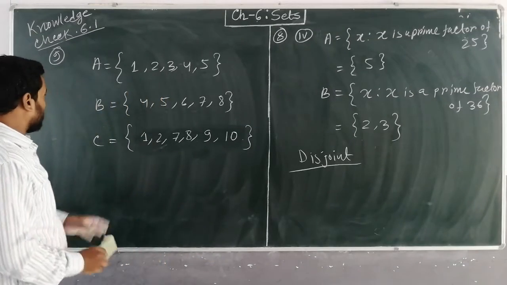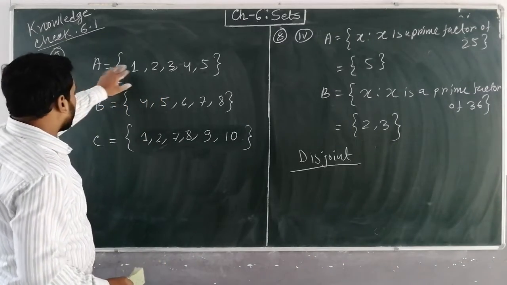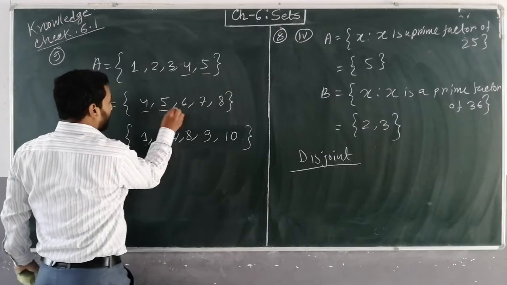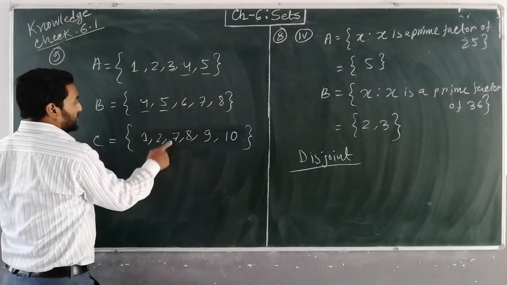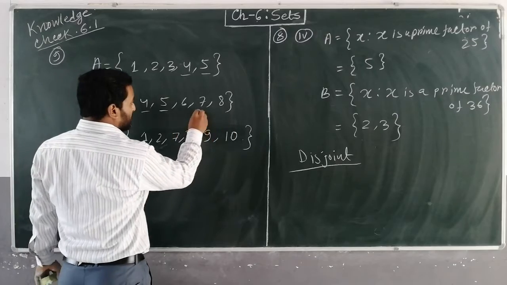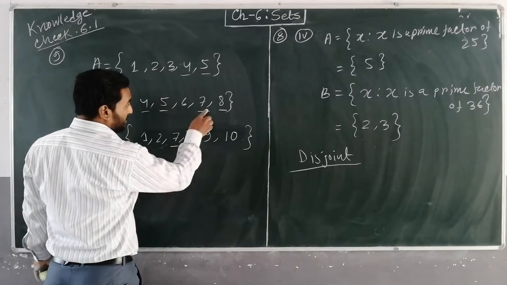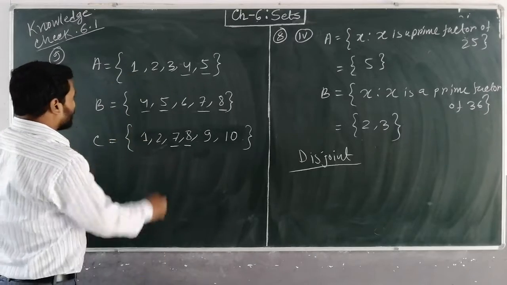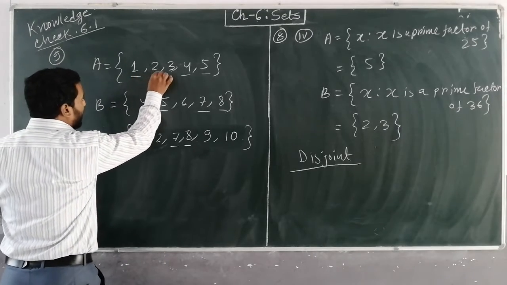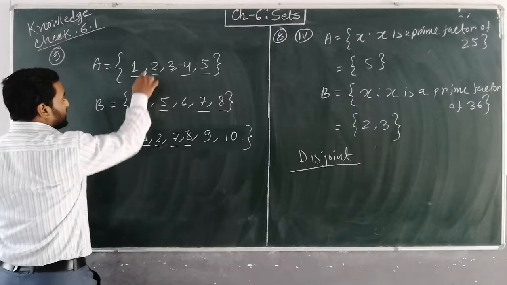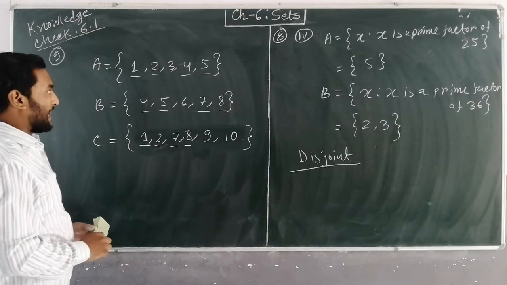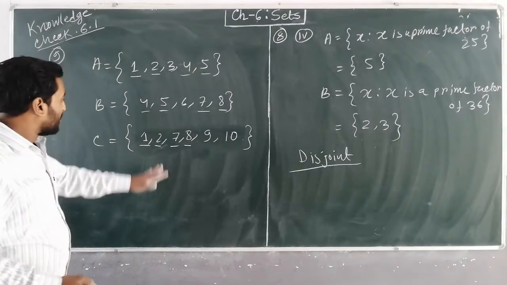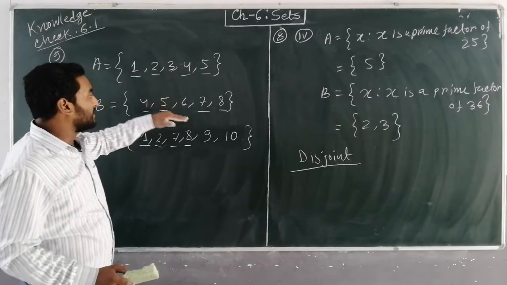Now see that A and B are overlapping because 4, 5 is common. B and C are overlapping because 7, 8 are common. And C and A are overlapping because 1 and 2 are common. Now we also have to see the last condition, that no element is common in all three sets.